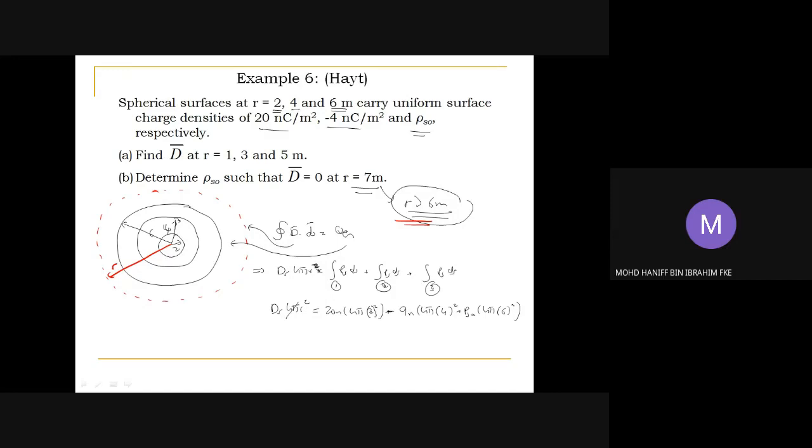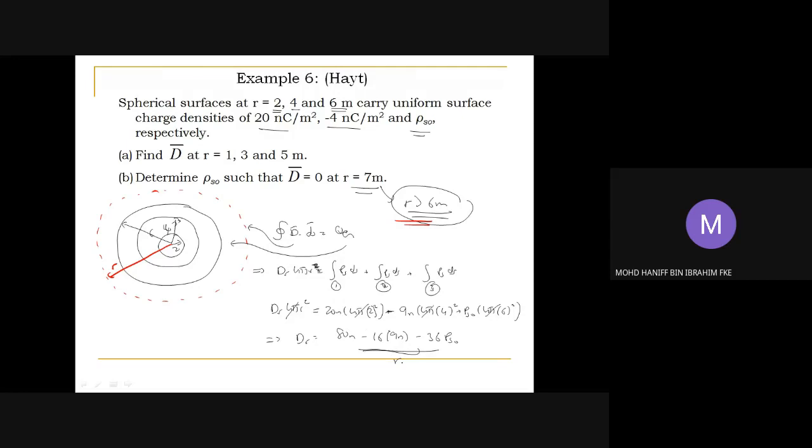So 4 pi can be cancelled out for all the terms here. So we end up having Dr equals 80 nano minus 16 times 9 nano, plus 36 of rho S naught, divided by r squared.